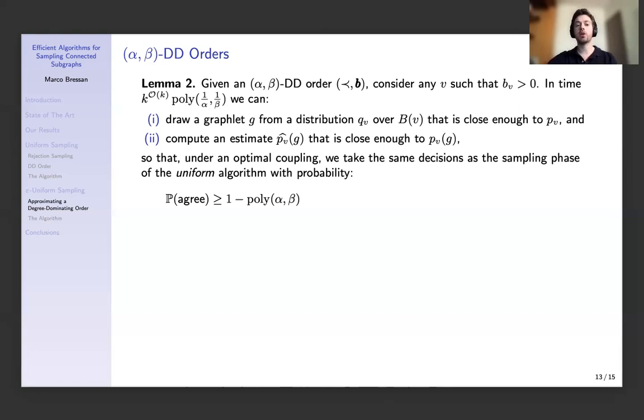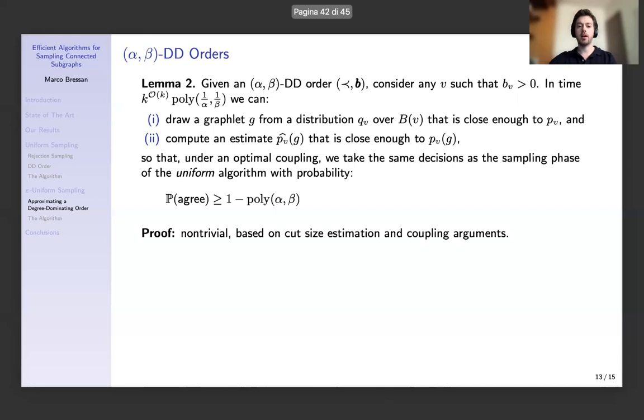And also we can compute an estimate of the probability that the sampling phase of the uniform algorithm will draw that graphlet. By using these two approximations, we can show that under an optimal coupling, we are taking the same decisions as the sampling phase of the uniform algorithm with high probability, where by high, I mean 1 minus a polynomial in alpha and beta, which in our case is polynomial in epsilon.